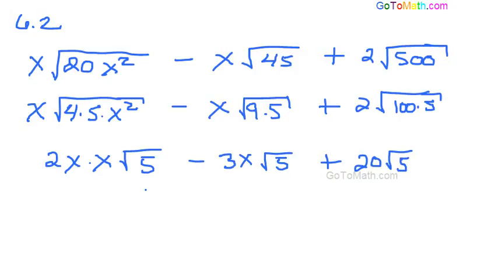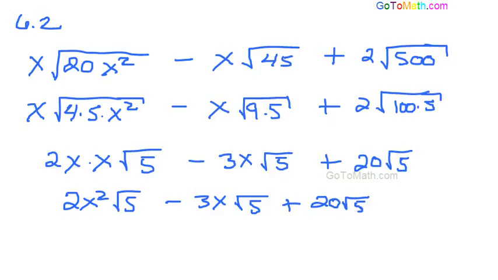Now look at here. We have 2x squared square root of 5, minus 3x square root of 5, plus 20 square root of 5.